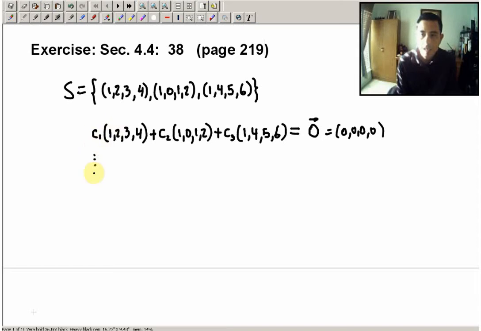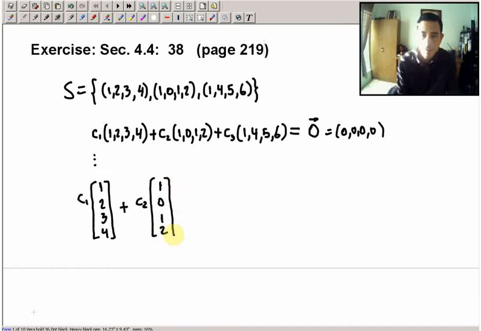This is C1 times the first vector, so I can write C1 times 1, 2, 3, 4, plus C2 times 1, 0, 1, 2, plus C3 times 1, 4, 5, 6, and that's equal to 0, 0, 0, 0.